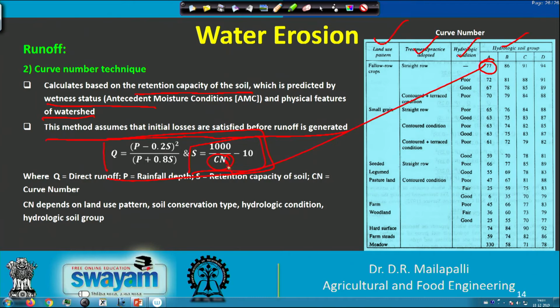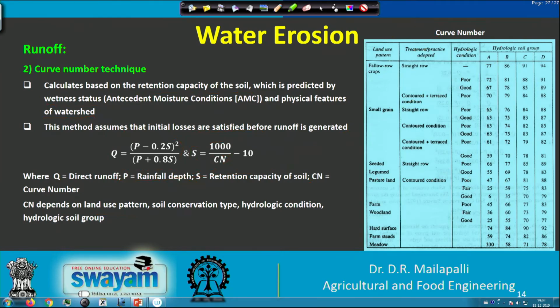Once you get the CN number, substitute it here and you get S, the retention capacity of the soil, and then substitute it in the previous equation. Knowing the rainfall depth P, you get Q, the direct runoff from the watershed area. The CN depends on the land use pattern, such as pasture land, contour condition, poor or good, and then the soil hydrologic group. You take any, substitute back, and get the runoff from this equation.